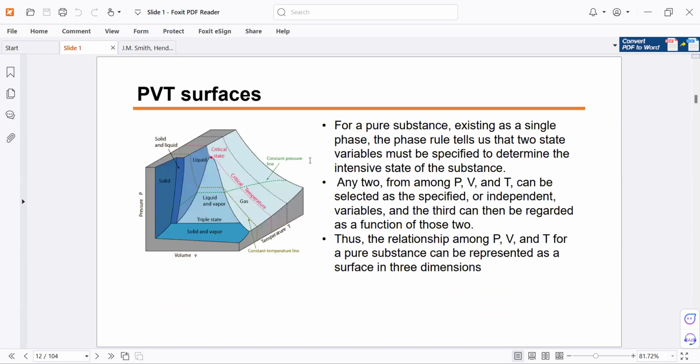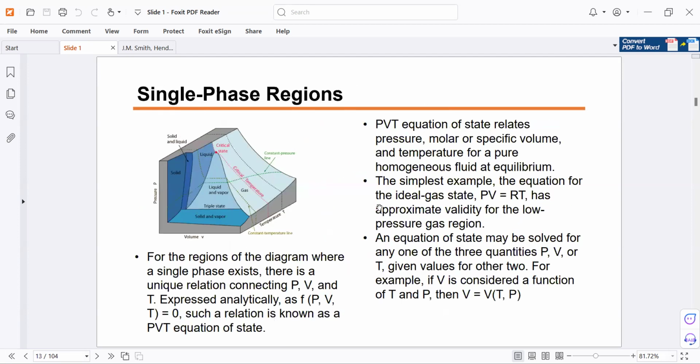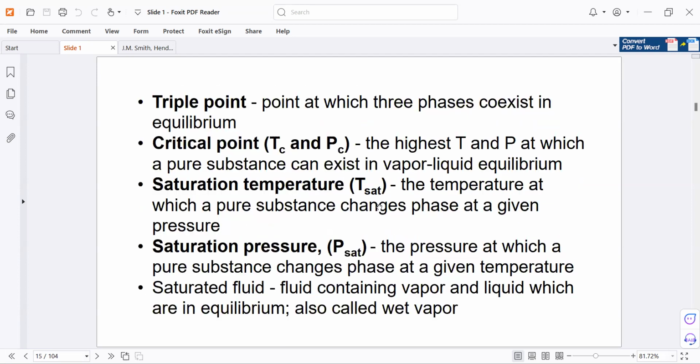So if we have a pressure, say this horizontal line, the corresponding temperature on the vaporization curve would give you the saturation temperature. It's also applicable on the other curves, but we usually use it for the vaporization curve. Saturation pressure: the pressure at which a pure substance changes phase at a given temperature.